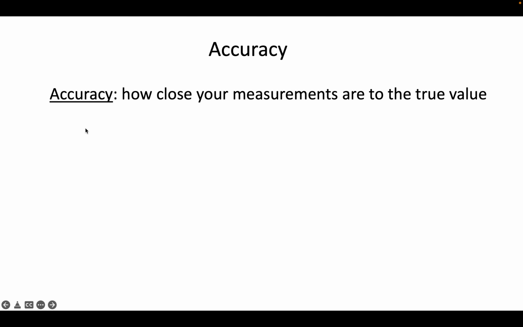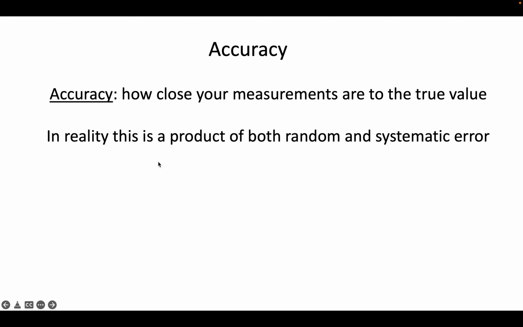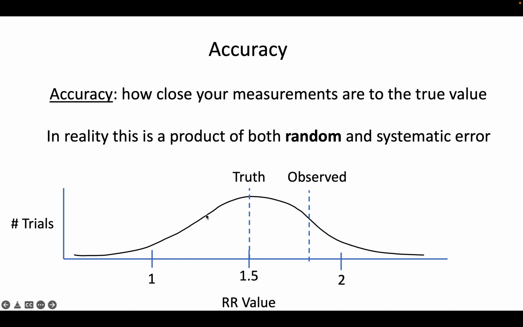So as far as accuracy, just revisiting that definition from before, it's how close your values are to the true value. In reality, this is a product of both random and systematic error. Like this distribution that I showed before: if we repeated a study 10,000 times, most of the time we'd get a result near the true value.